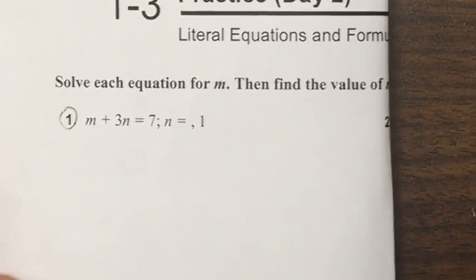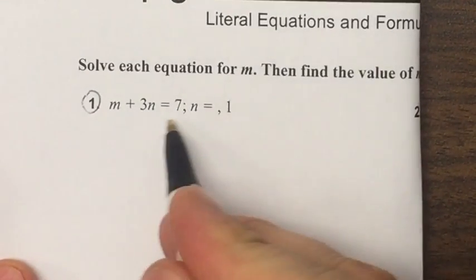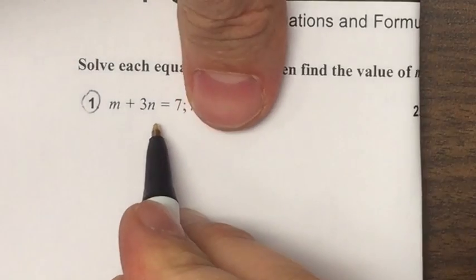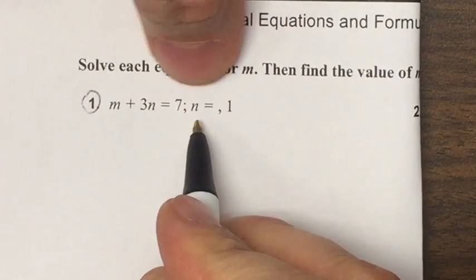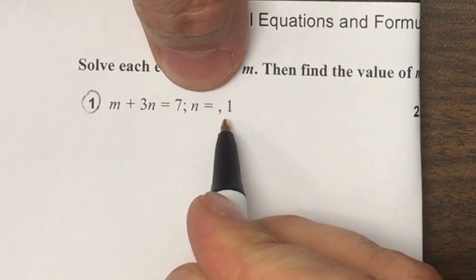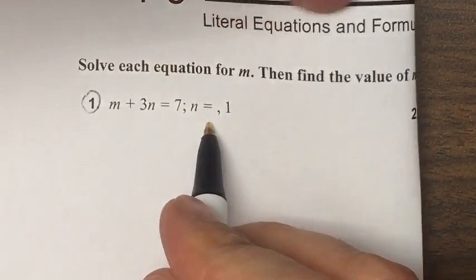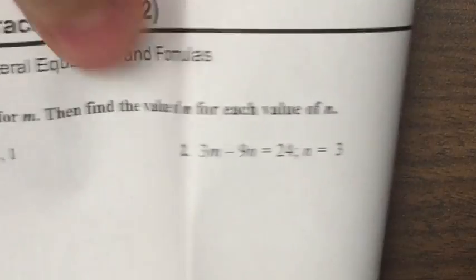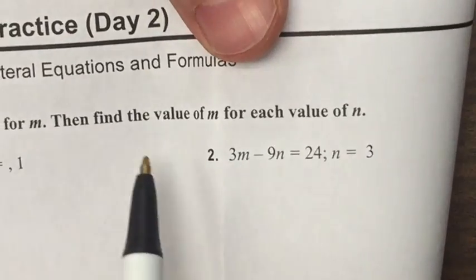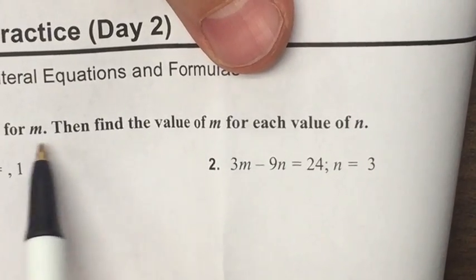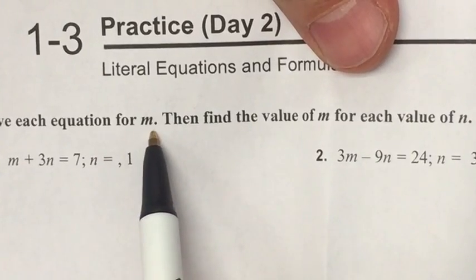We have, I'm going to try to zoom in for you. Okay, m plus 3n equals 7. That's the equation. And they want you to solve for n. Okay, they want you to get n by itself. After you do that, it says solve it for, oh, actually, every one of these we're going to solve the equation for m.